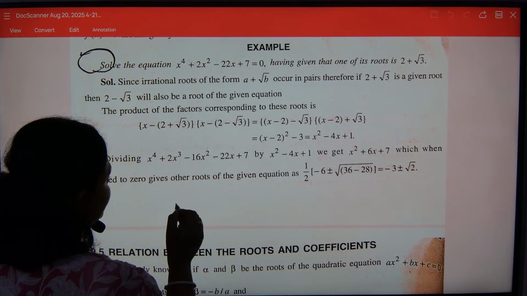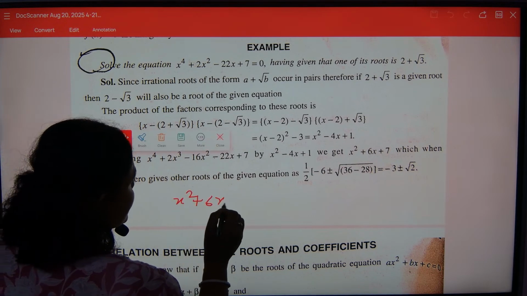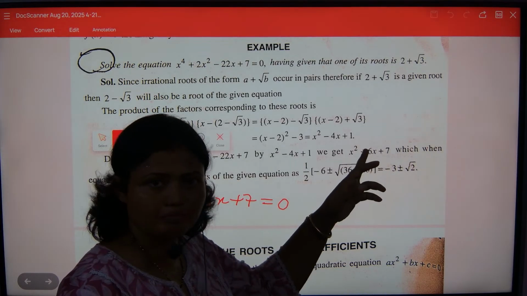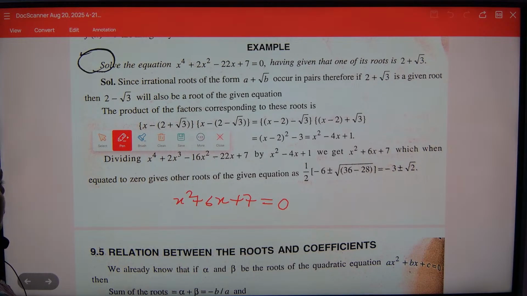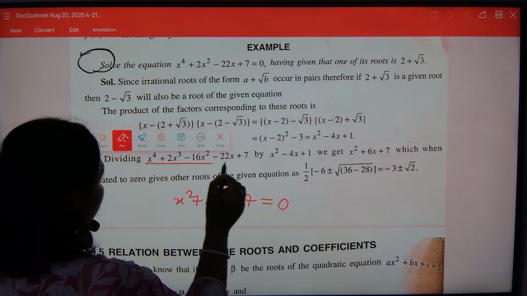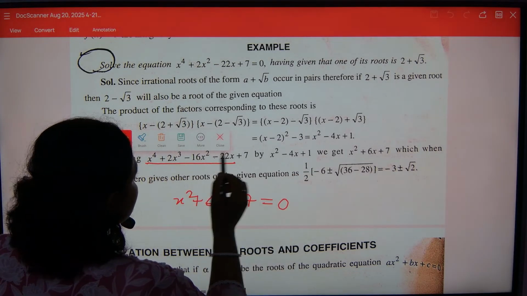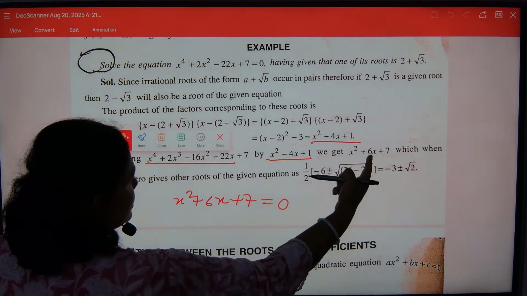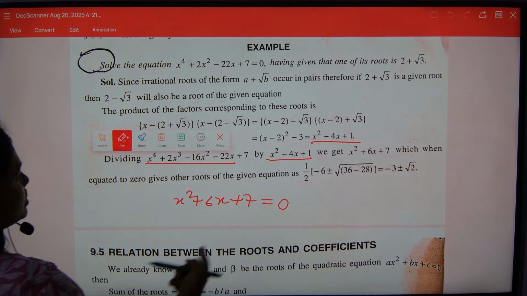Solve this one, x square plus 6x plus 7 equals 0, the quotient. Just divide this by this, then you will get this expression. Now just solve it.